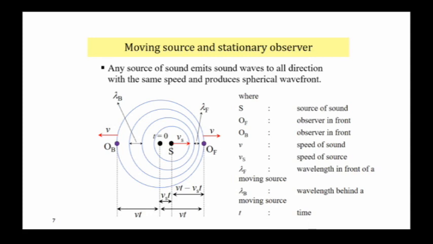Okay, we see the Doppler effect happening when the thing that is emitting waves moves. In the direction it's moving, the wavefronts bunch up and behind it they spread out. You can see here lambda F is bunched up and lambda B is spread out.